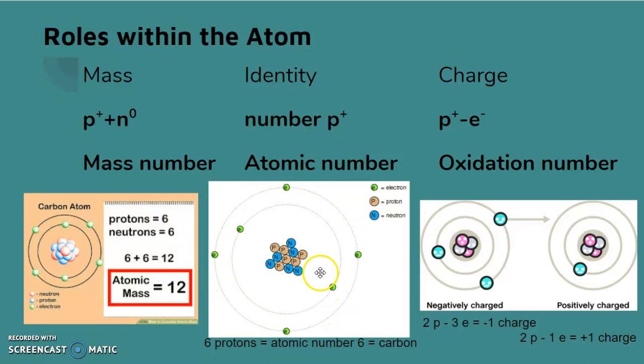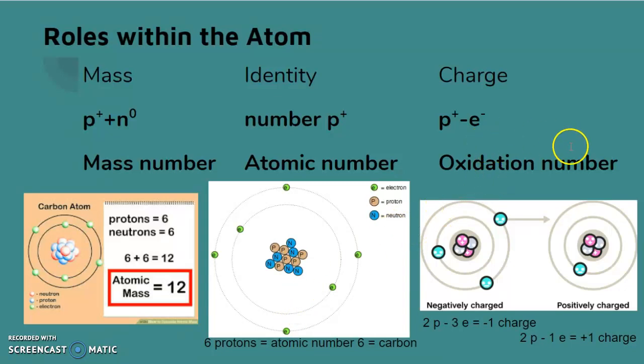So if you look here, we have 6 neutrons in the center, but the neutrons only help us figure out the mass. If we count the protons, we can figure out the identity of the element, and there are 6 protons. I looked on my periodic table and saw that atomic number 6, or 6 protons, is the element carbon.